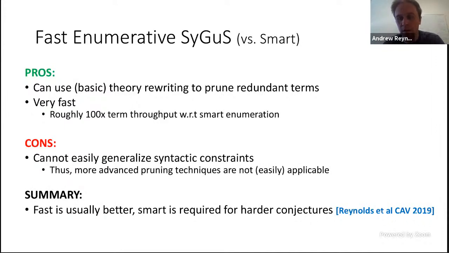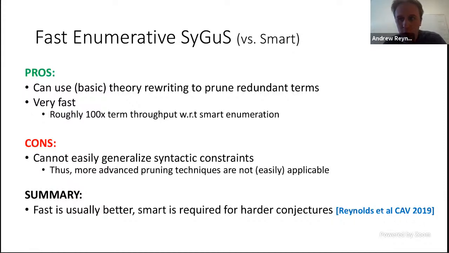If you compare a lightweight data structure for enumerating terms, you get roughly 100 times the throughput with respect to smart enumeration. That means it's considering roughly 100 times more candidates per second. And the reason for that is just using a SAT solver to generate candidate solutions versus using custom iterators. It's a heavy hammer versus a light hammer.